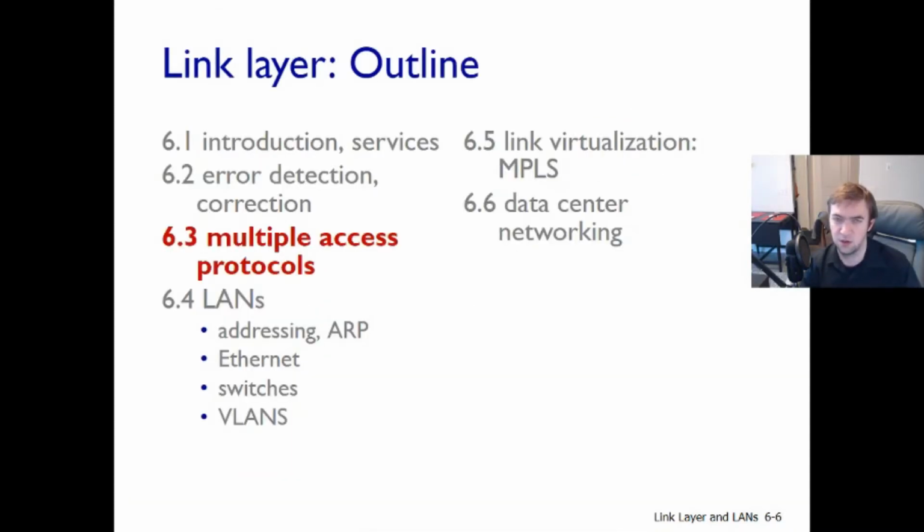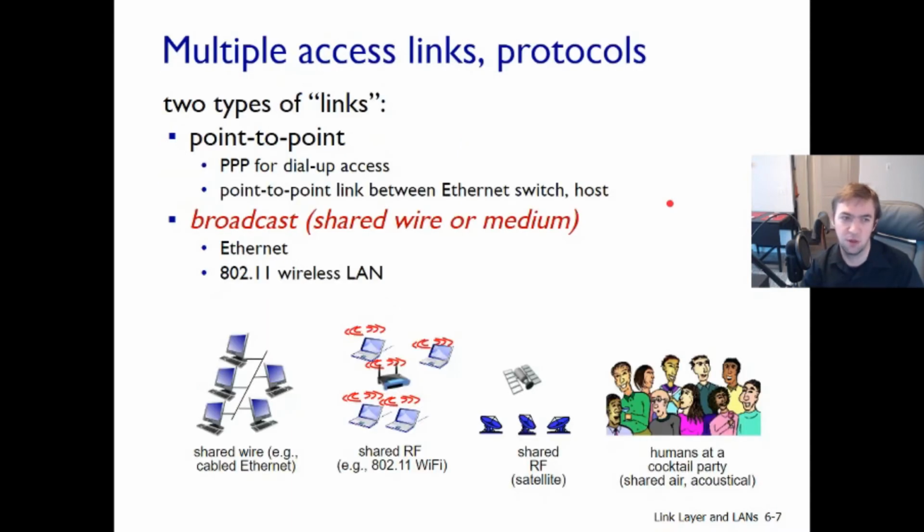Next, let's take a look at multiple access protocols. So when it comes to access links, there's 2 different kinds that you can have, either point-to-point or broadcast. Point-to-point is something like point-to-point protocol you could use for dial-up access, or a link between an Ethernet switch and its host, which is different in that you can only have 2 people talking to each other across that link, compared to something like broadcast, which is either a shared wire or medium like Ethernet, LAN, where you can have multiple devices using that link at the same time.